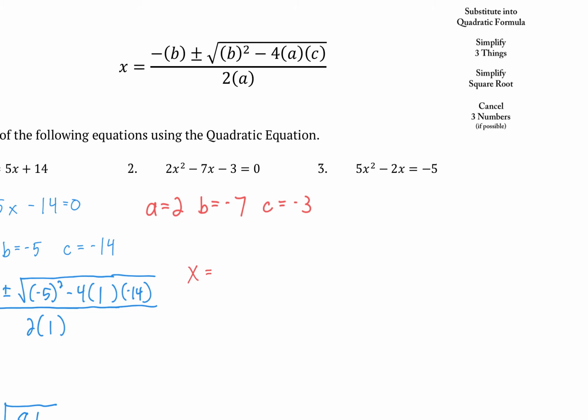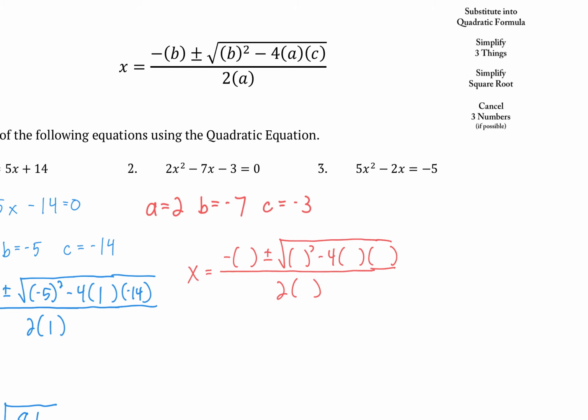So x equals negative something. Negative, that's going to be what B is. Square root of B squared minus 4 times A times C over 2 times A. Okay, so just plug it in.